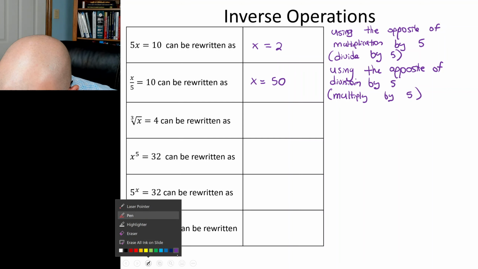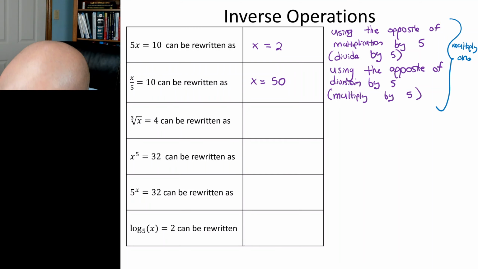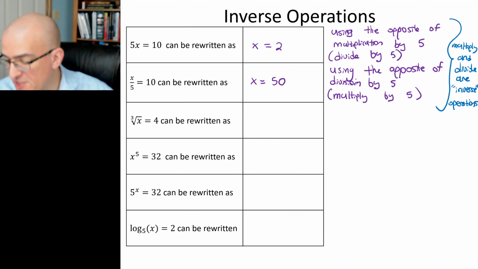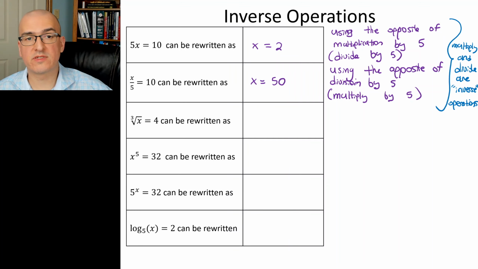How about the next set? I'm actually going to add some language here that multiplication and division are inverse operations, that they do the opposite. One does the opposite of the other one.